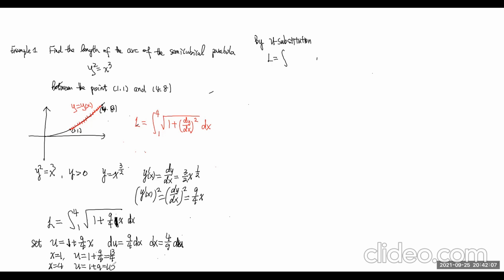So the integral bounds are now 13/4 to 10, and the integrand is the square root of u, and dx is 4/9 du. So we get 4/9 times the integral from 13/4 to 10 of the square root of u du.